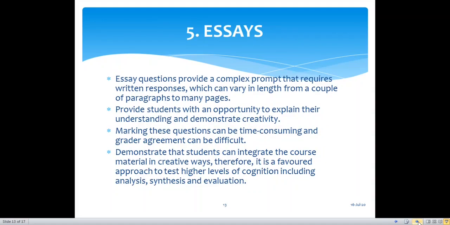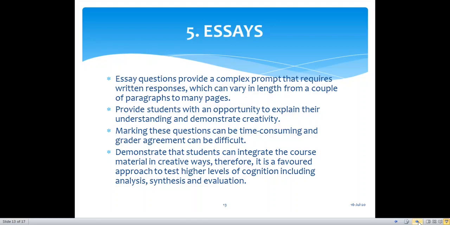Essays. Essay questions provide a complex prompt that requires written responses which can vary in length from a couple of paragraphs to many pages. They provide students with an opportunity to explain their understanding and demonstrate creativity.